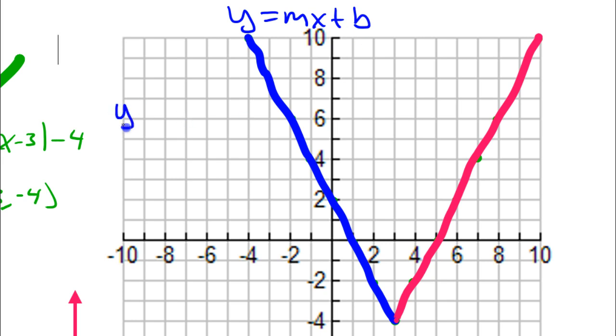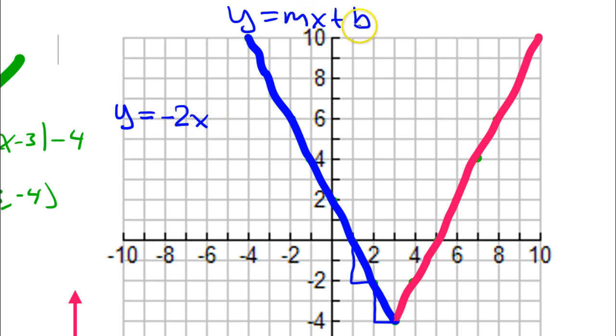So this blue line over here is going to be y equals. Now the slope, this is going down 2 over 1 like this. Okay, so that means the slope is negative 2. So we're going to do negative 2x so far.